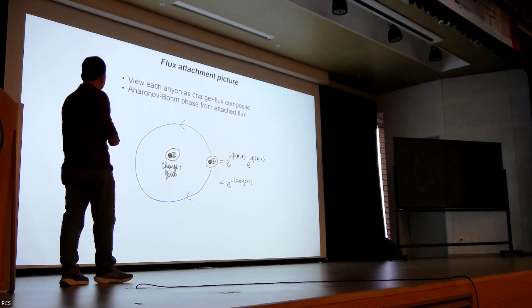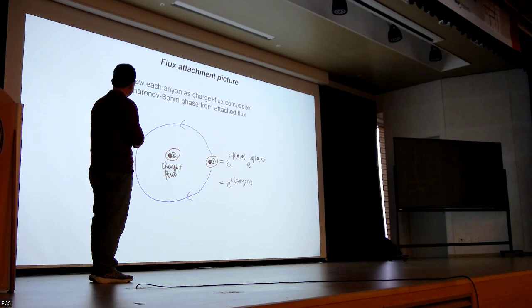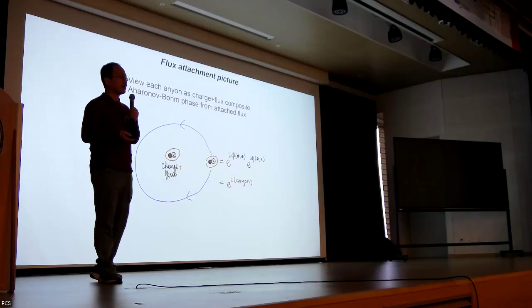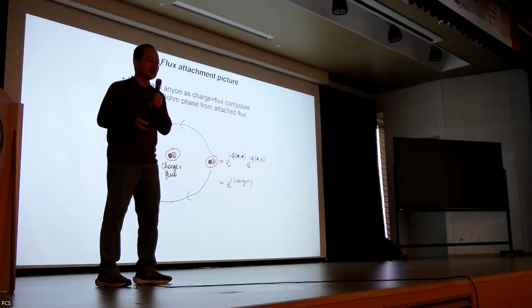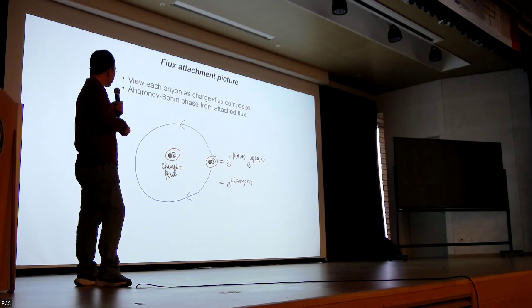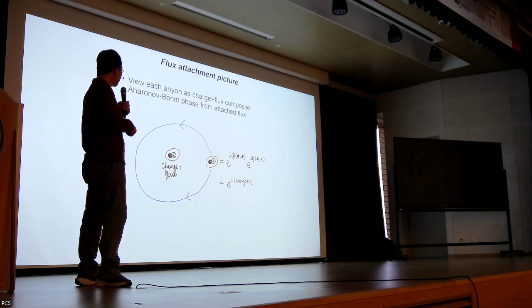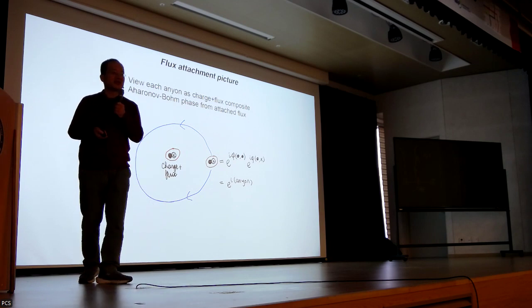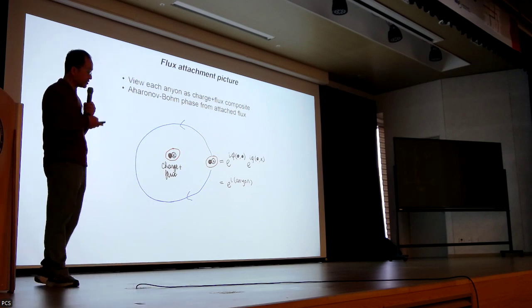And when you move a particle, an anyon, around another particle, then you basically pick up a phase factor coming from the Aharonov-Bohm effect. And because the flux attached to the particle is arbitrary, so is the phase picked up in the process of braiding, which can simply explain why there are anyons in 2 dimensions.